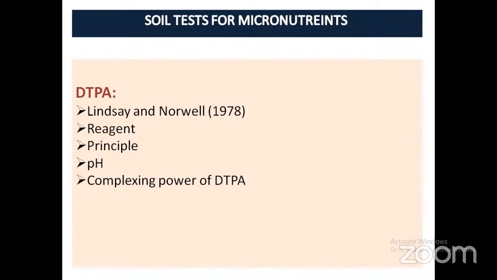So I'm repeating: 0.005 molar DTPA plus 0.01 molar calcium chloride dihydrate plus 0.1 molar TEA, triethanolamine. Written all of you?